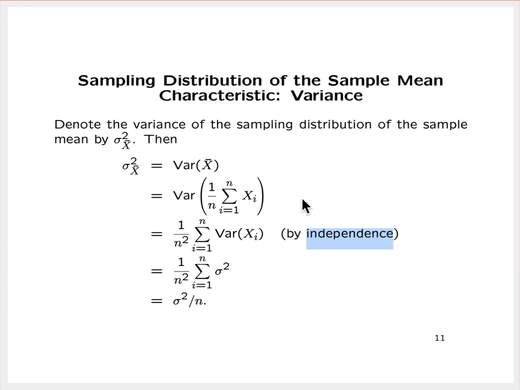And so because of that, the variance of the sum is equal to the sum of the variances. Now, because the random variables are identically distributed, they all have the same variance, which is sigma squared. And so this results in the variance of the sampling distribution of the sample mean being equal to sigma squared over n, where sigma squared is the variance of the underlying population and n is the sample size.